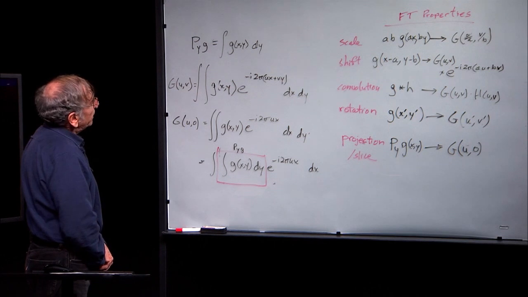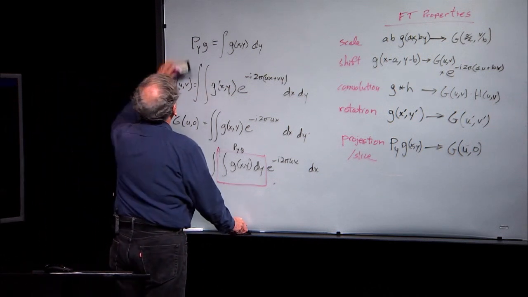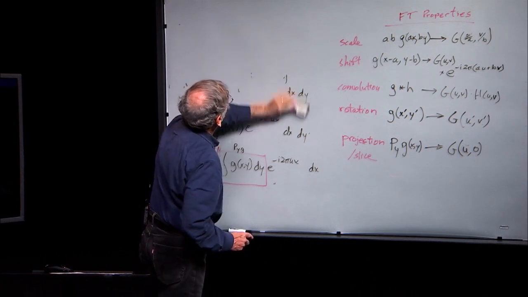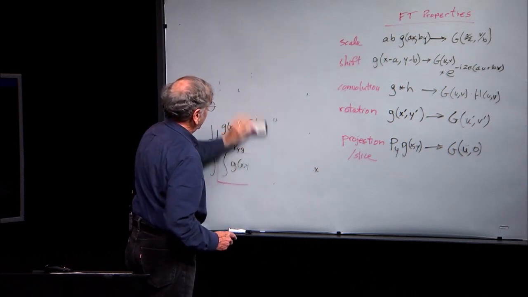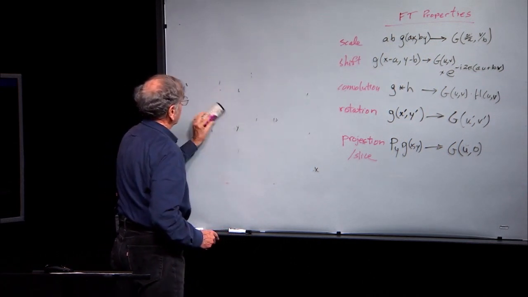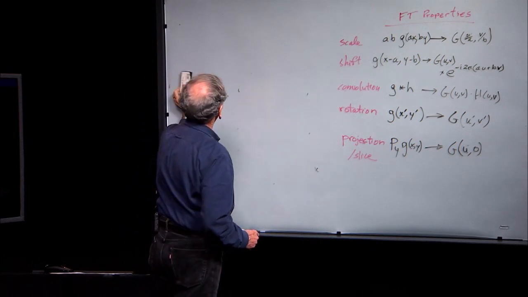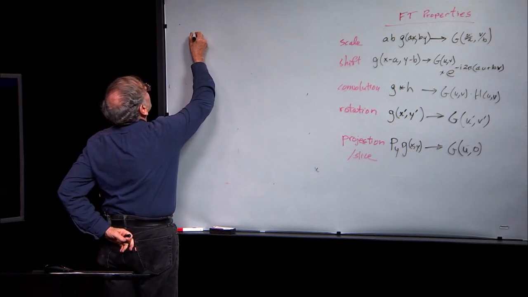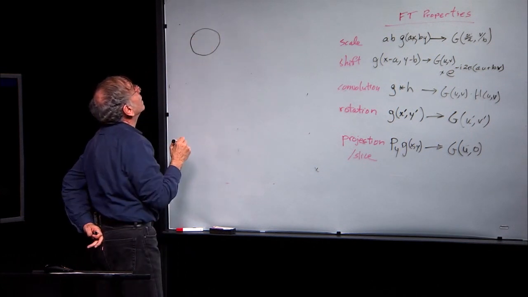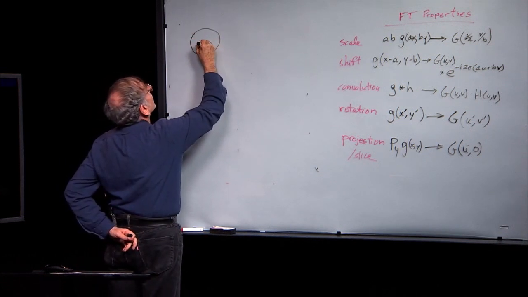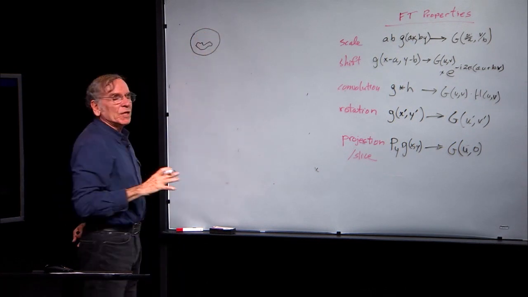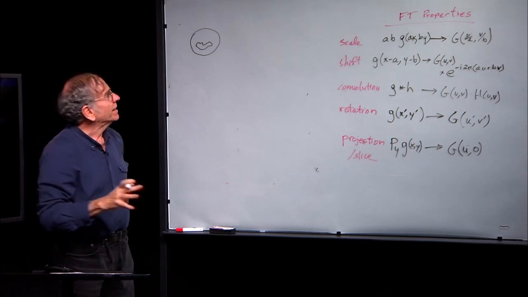So what this means is that I can compute the projection of a 2D density pretty straightforwardly. Here's one way of thinking about it. If I have a 2D density, and let's suppose that this is the density of a cross-section of someone's body, and we're going to take a CAT scan.